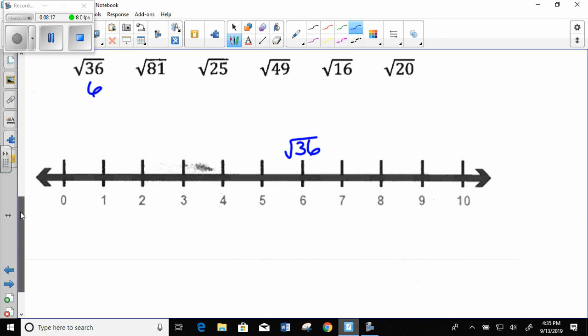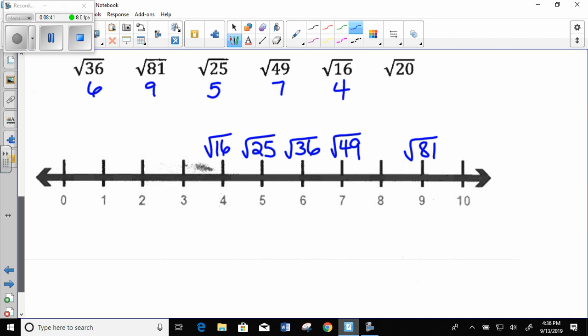Square root of 81 is 9, so we're going to put the square root of 81 here. Square root of 25 is 5, so we'll put that here. The square root of 49 is 7, so I'll put that here. Square root of 16 is 4.